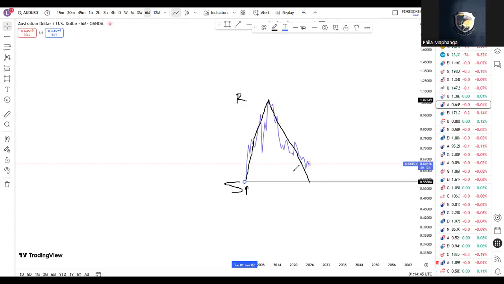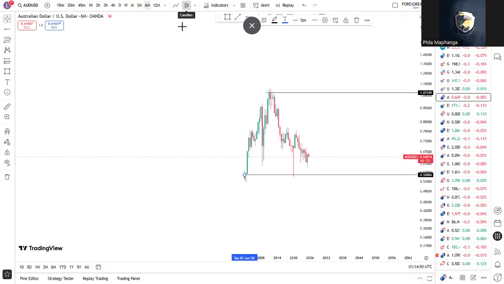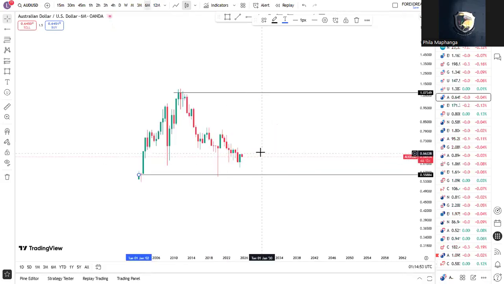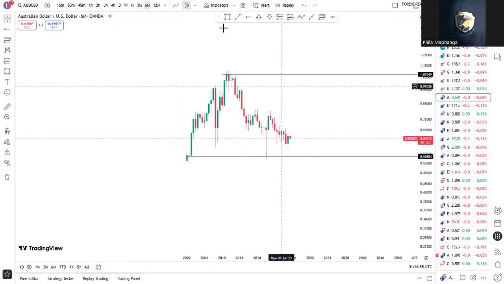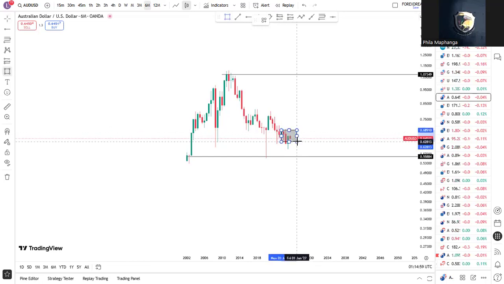Right? Let's move back to the candlesticks. If we move back to the candlestick, those who have my ebook, they know that here we have a continuation pattern. And again, we had a trend line that was broken.